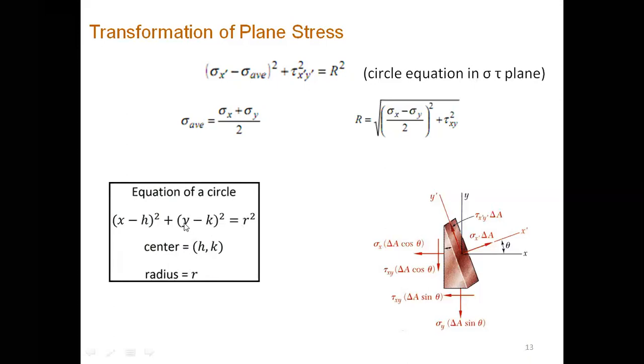Now compare our new equations with this equation of a circle. Instead of x, we have sigma. Instead of y, we have tau. Instead of h, we have sigma average. Instead of k, we have nothing here, that is 0. And instead of small r, we have capital R. So this is an equation of a circle in which plane?